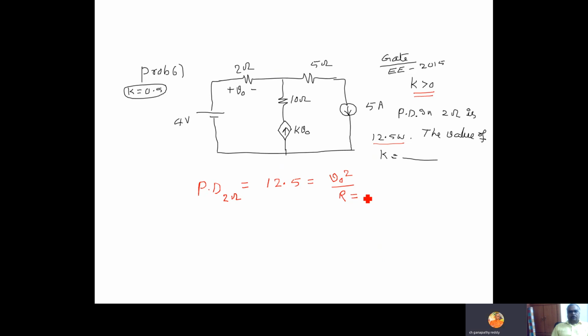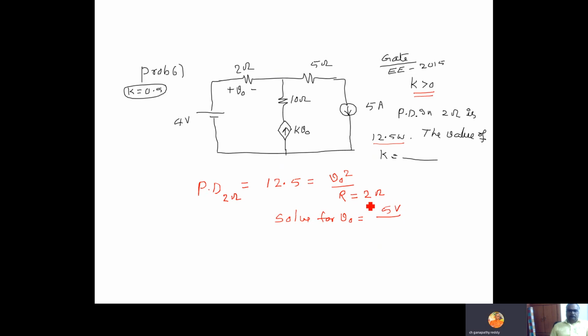But what is the R value? 2 ohms. The voltage here is V naught. So V naught square by 2 is equal to 12.5. Then solve for V naught. You will get this V naught as 5 volts.